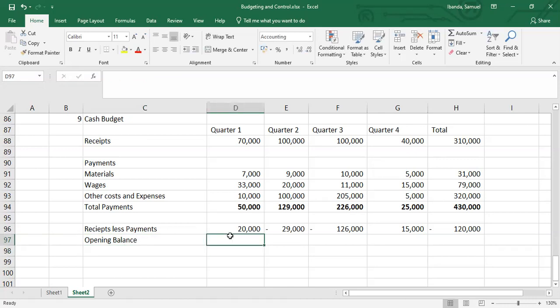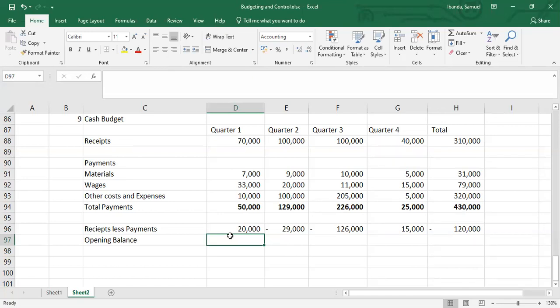So for Q1, we have to look at what cash we started with. What is our opening cash? And how do we determine this? If you go back to our question, there is where we have our trial balance.